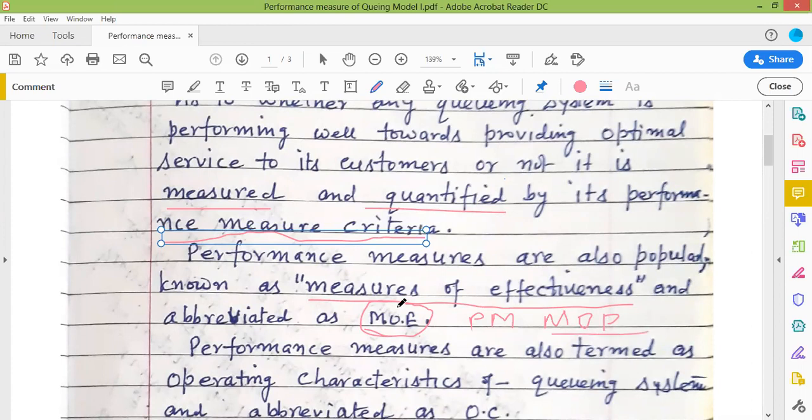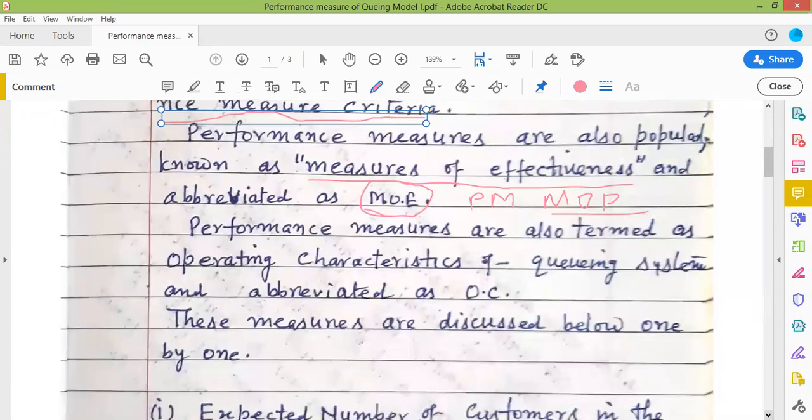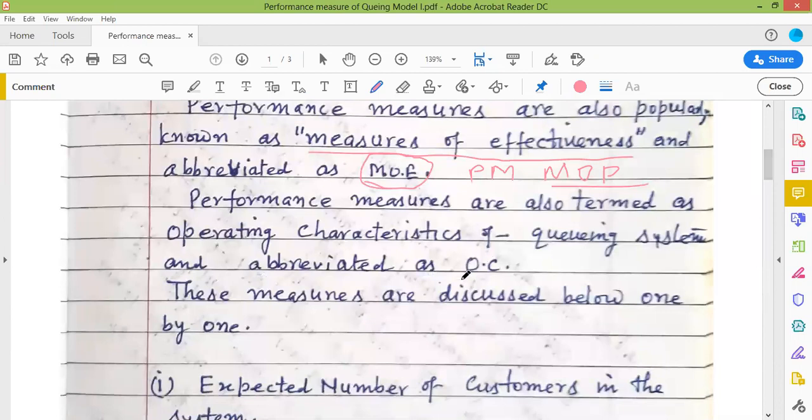measures of effectiveness, same. And this is also very popularly known as operating characteristics, OC. Look at this abbreviation, OC, operating characteristics. So either we say the performance measures or MOP or MOE, or we say OC.